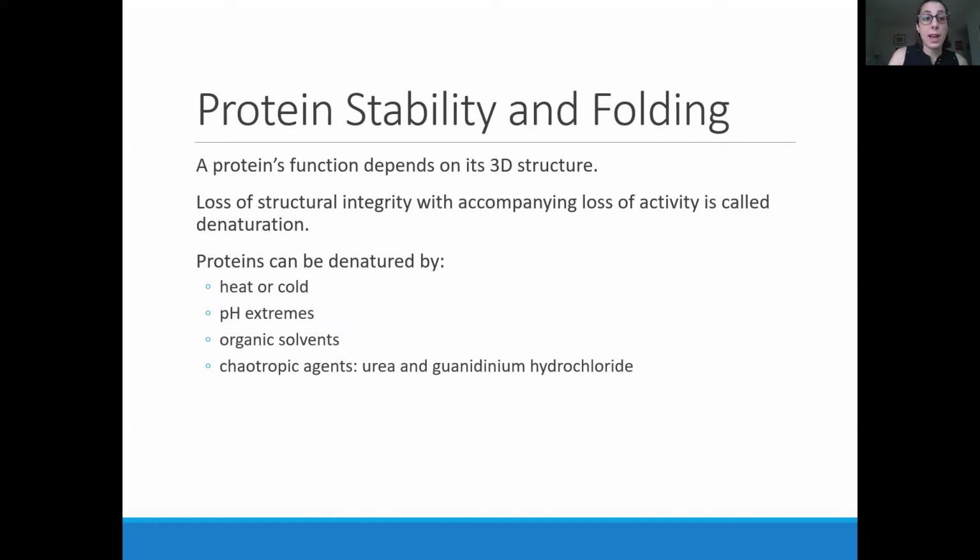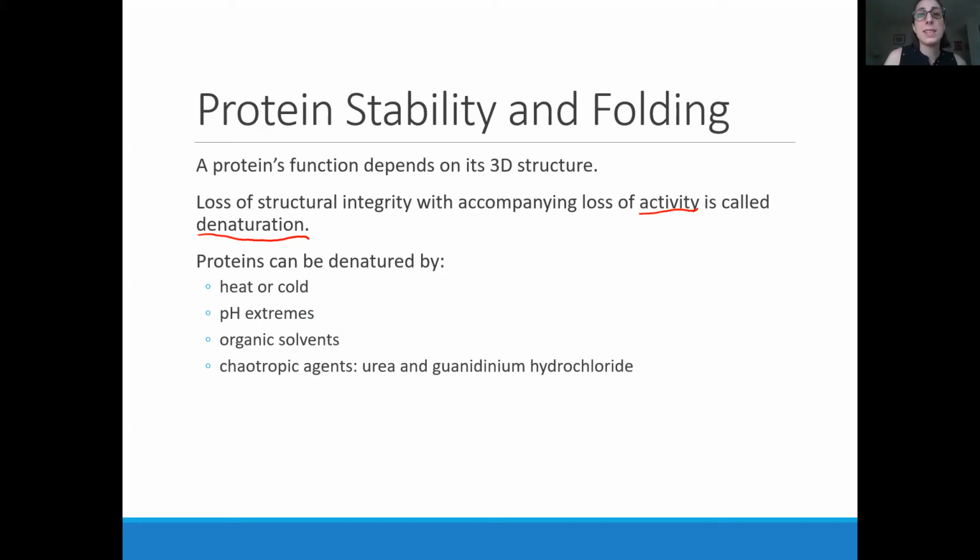And we call that denaturation. Anytime you have a modification or loss of that folding structural integrity that then affects the protein's ability to do its job, or again, its activity. We use the word activity to talk about the job that a protein does, essentially. So we call that denaturation.